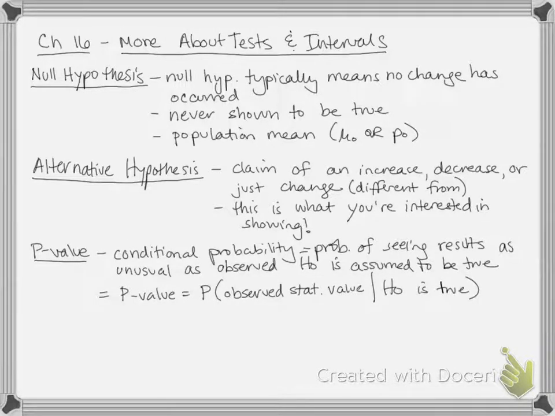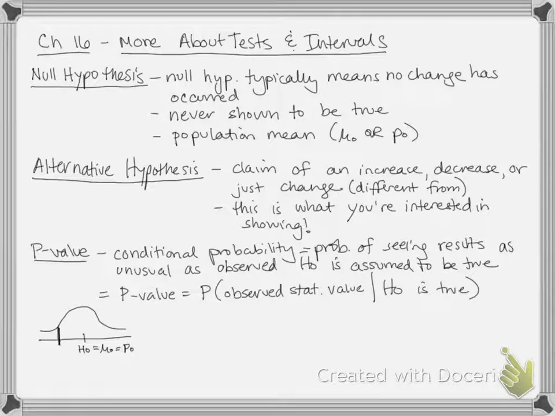So we basically assume, if I were to draw a little picture here, that the null hypothesis is true. So this would be either mu naught or p naught, one of the two, depending on the kind of test that we're doing. And then let's say we were testing less than.